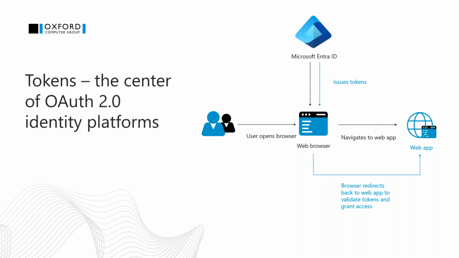And if the application accepts the token, then they're granted access. And if the user happens to be in a privileged role, so in Entra ID, say a global administrator or another highly privileged user, then that token is going to reflect the fact that they are a privileged user.